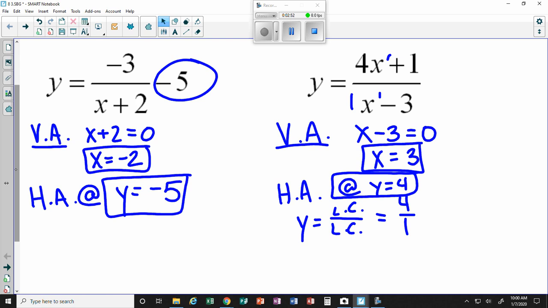If it's in the standard form of the reciprocal function, then you can just look at k. If it's in p of x over q of x, then you have to use the rules. If they're the same degree, you do leading coefficient over leading coefficient.